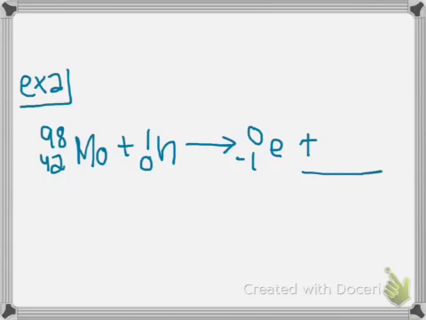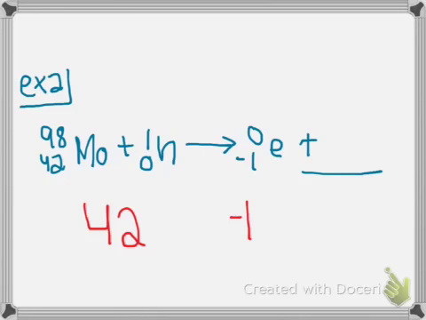Okay, here is another example of a transmutation reaction. So we have molybdenum-99 42 plus 1 neutron, and it's going to change to an electron and another element. So, just like we did before, we need to balance it out. So on the bottom here we have 42. And over here we have -1.